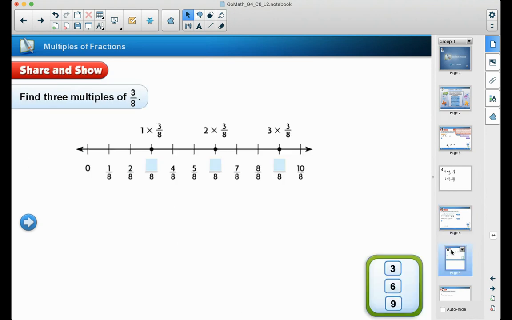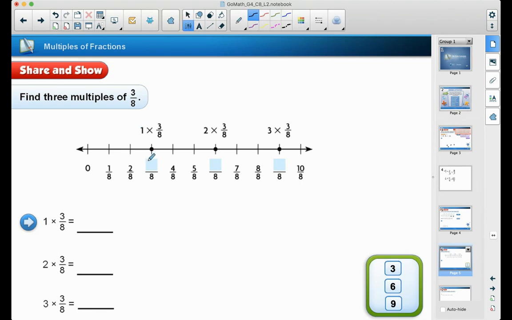Okay. Let's go on to the next one, share and show. Find 3 multiples of 3/8. So it's 1/8, 2/8, 3/8, 4/8, 5/8, 6/8, 7/8, 8/8, 9/8, and 10/8.